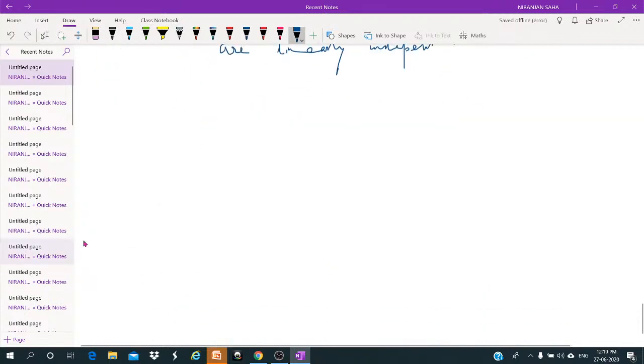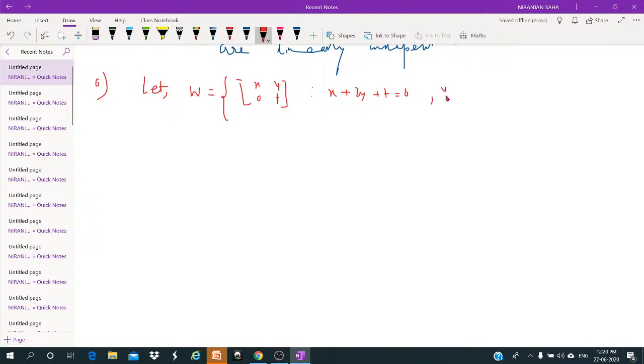Now another problem, problem 6. Given that W is equal to the matrices X, Y, 0, T, such that X plus 2Y plus T is equal to 0 and Y plus T is equal to 0.